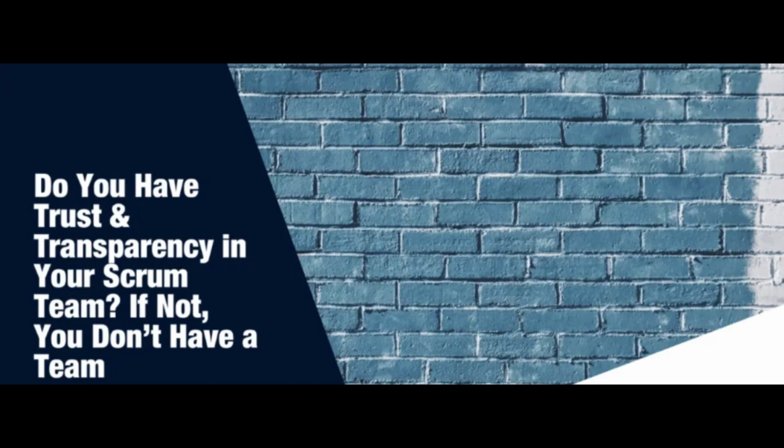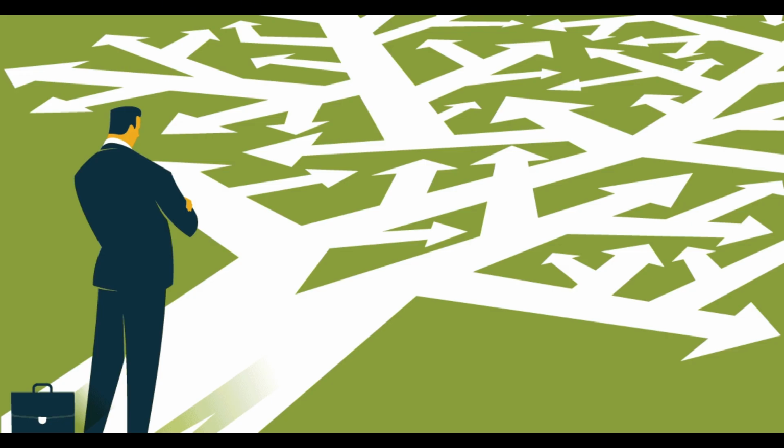Third, loss of trust. When information is withheld or unclear, trust between the Scrum team and stakeholders erodes. People begin to assume hidden agendas or blame each other. Fourth, poor decision making. Decisions are made based on assumptions or incomplete data instead of real facts.